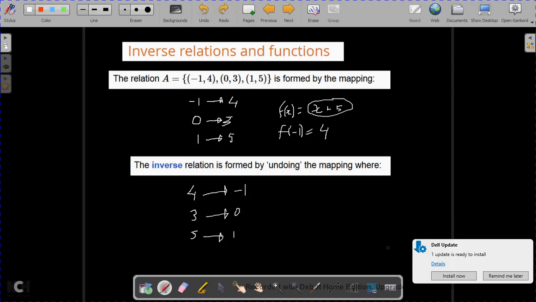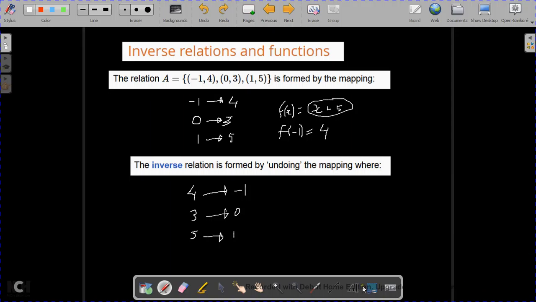Essentially, we've got a point in our relation. Looking at the first one, -1 is in our domain, and that gets mapped onto this point over here inside the range. So it goes across.